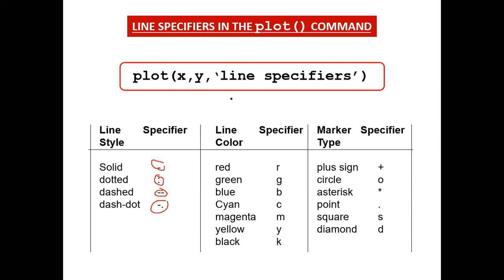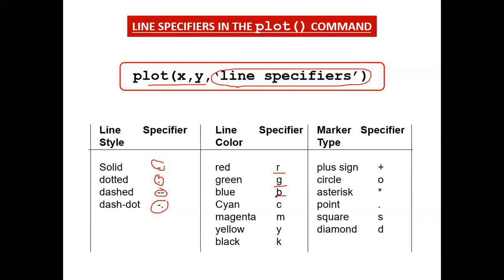This is the command we are going to add: plot x comma y. Then what line specifier do we need? Another option is to choose the line specifier with the help of color. What color are we going to draw the lines? Sometimes we draw the line in red, green, or blue.